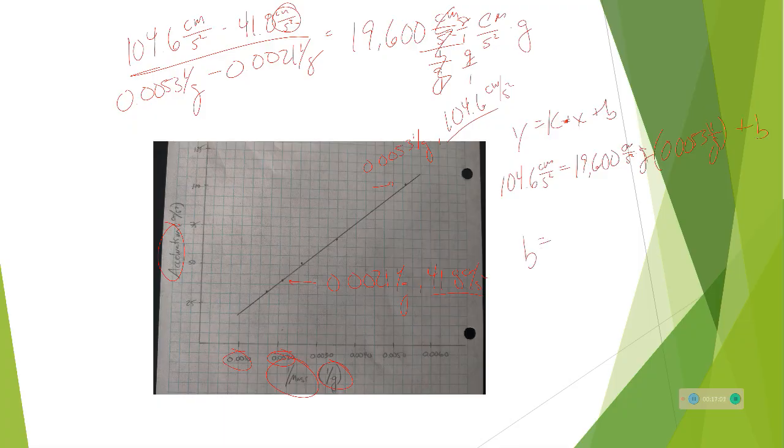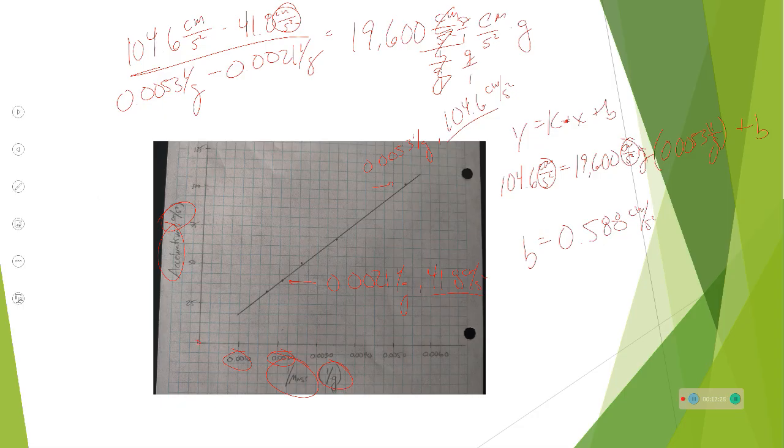By the way, as complicated as these units are going to get, what you can look at simply is what the units on the y are, since it is the y-intercept, and these, this guy and this guy, of course, better match if I've done this correctly. And I think I calculated my b value to be 0.588 centimeters per second squared, which is pretty darn close, as you can see it's heading this way. Pretty darn close to the 0 right there.